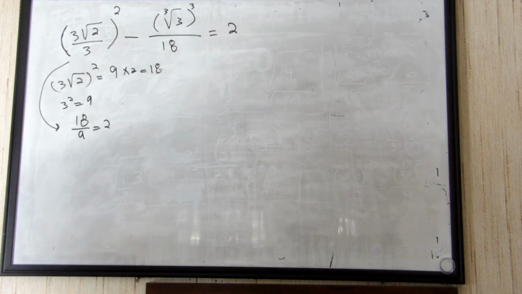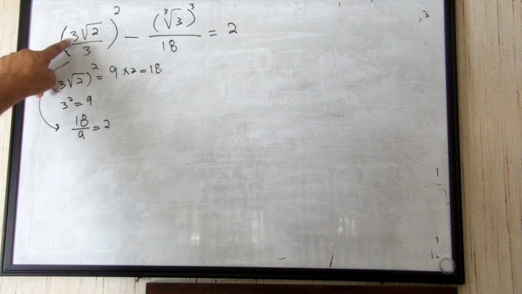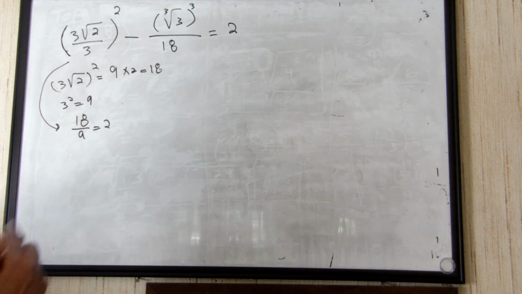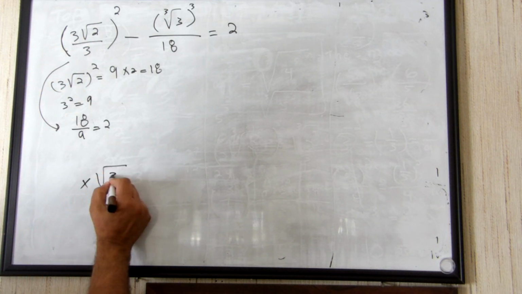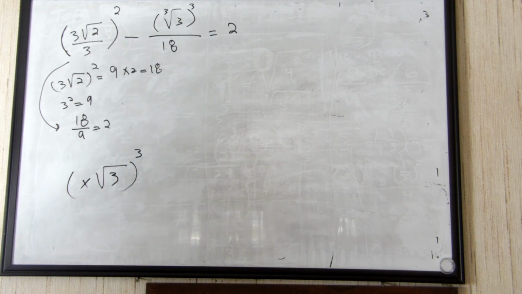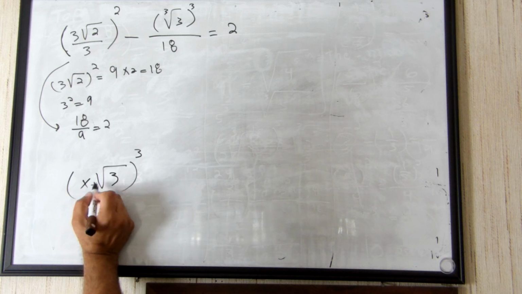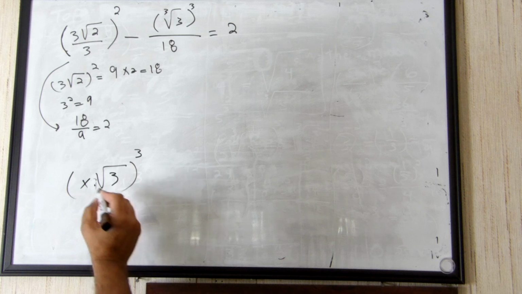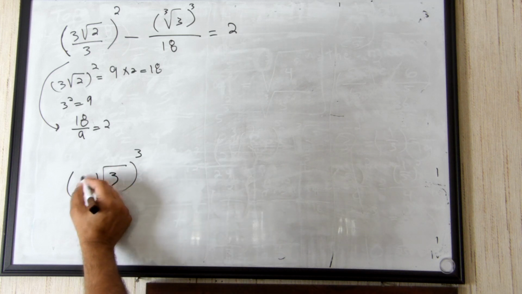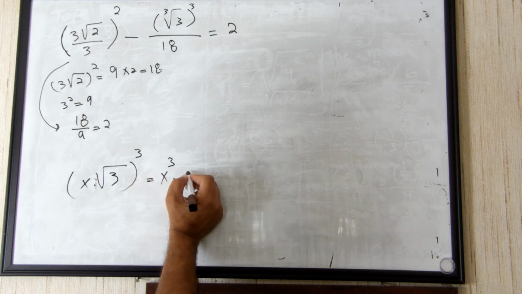See if I did it right. When you have something like this, for example, x times radical 3 to the power of 3, this is multiplication, not plus. Plus is different. This is multiplication. The first one is raised to the power of 3, and then times the second one to the power of 3.